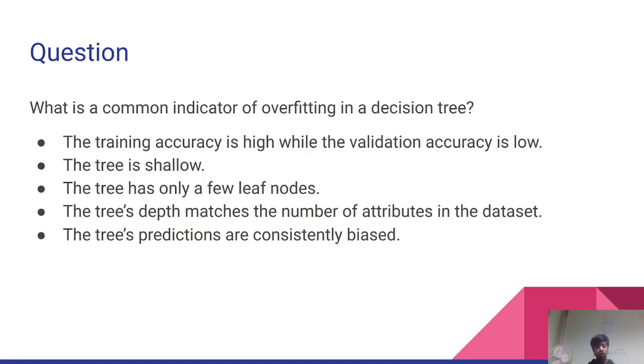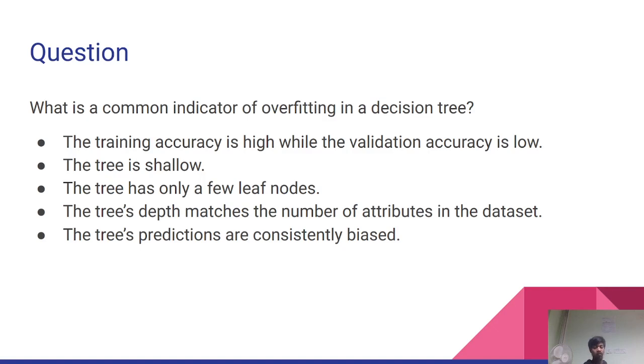Then, what is the common indicator of overfitting in a decision tree? What can be the symptoms? The first option is that training accuracy is high and validation accuracy is low. The second is that the tree is shallow. The third is that the tree has only a few leaf nodes, where we make the final decision.